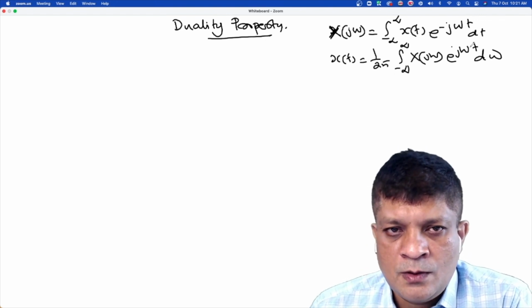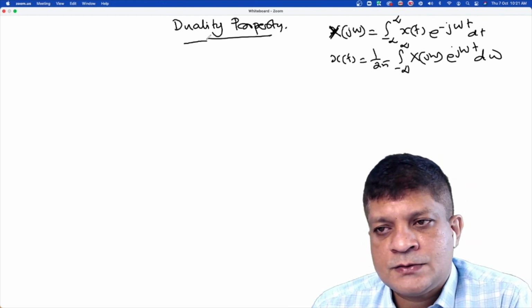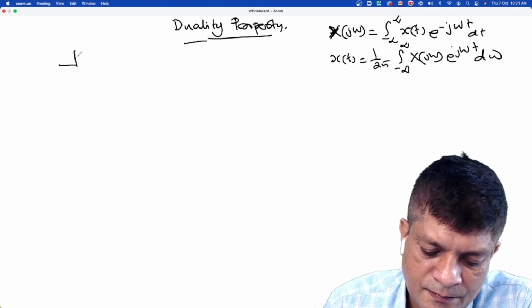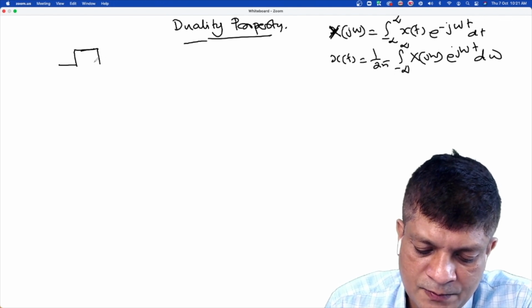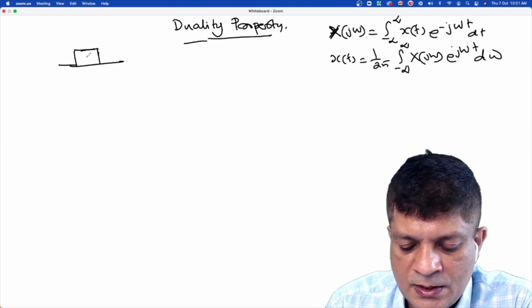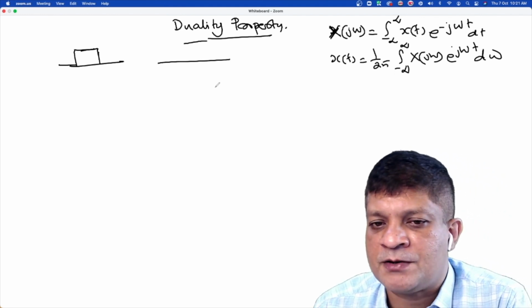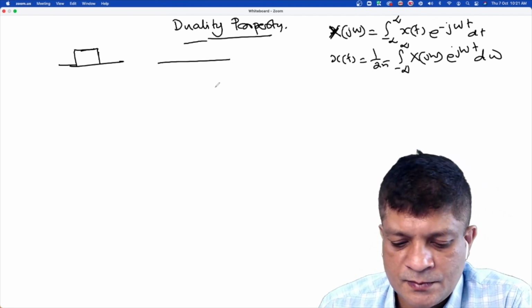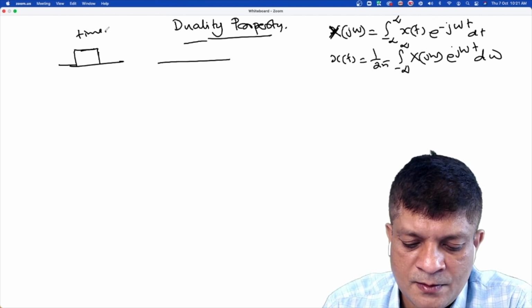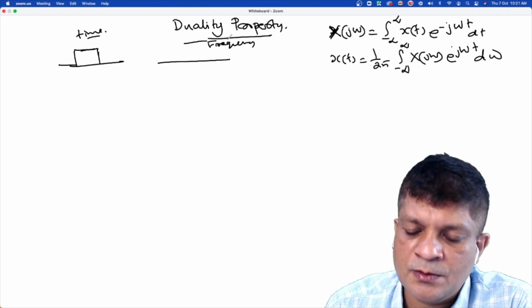Now, first let me explain what the duality property is. We have seen many examples. One of the examples is a rectangular pulse. If we have a rectangular pulse in the time domain, what is the shape of the spectrum? This is the frequency domain, meaning the Fourier domain.